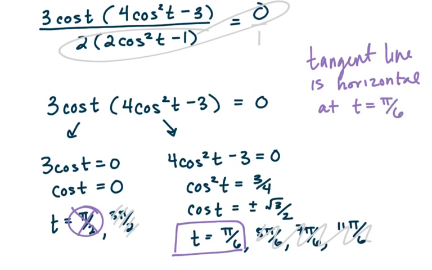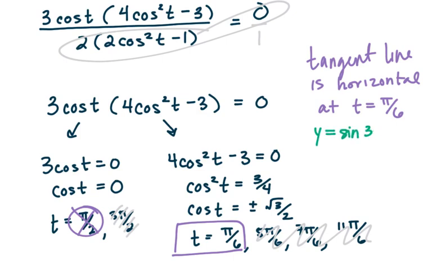Just to expand on this part of the problem a little bit, we could write the equation of the tangent line here. Of course, we know that the slope is 0. So the slope being 0, that means the equation of that line is going to be y equals a value. We just need to know what y is equal to at pi over 6. If you recall, my y equation was y equals sine of 3t.